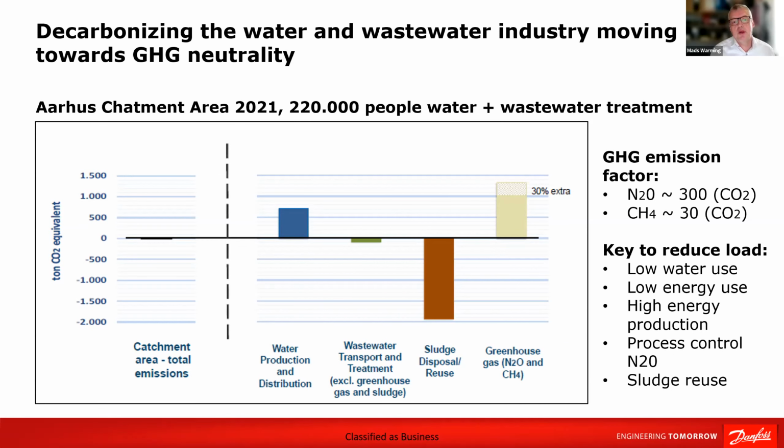What they are looking at right now is, as I said, that in the water industry, it's not only a question about being energy neutral. That's the first step, but there's also N2O, which is a gas which has an effect 300 times higher than CO2. And if you really want to be climate neutral, you need to have that in your perspective also.